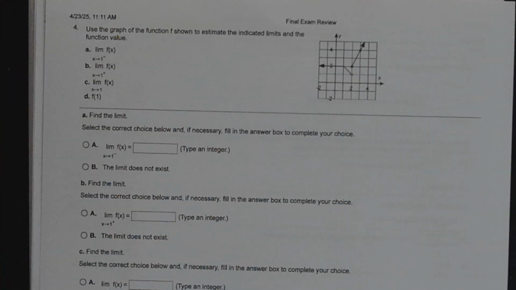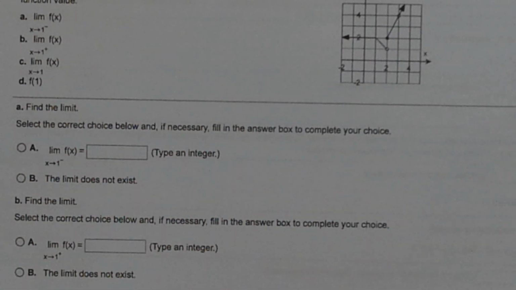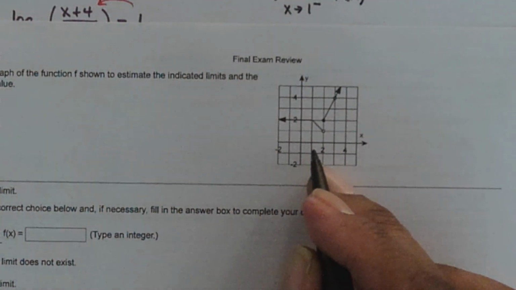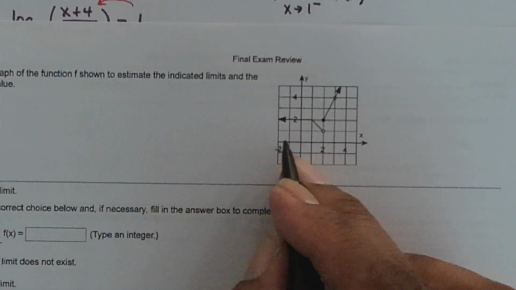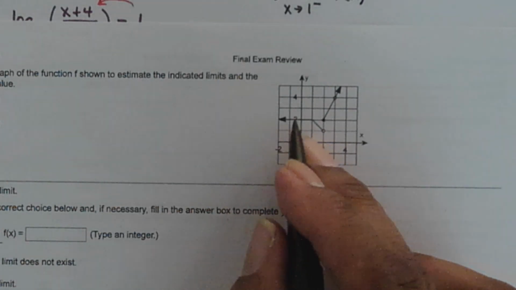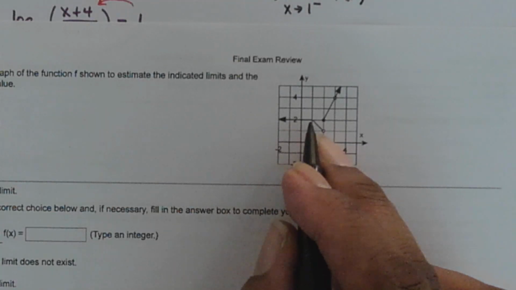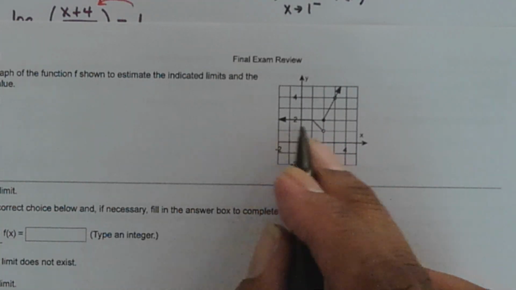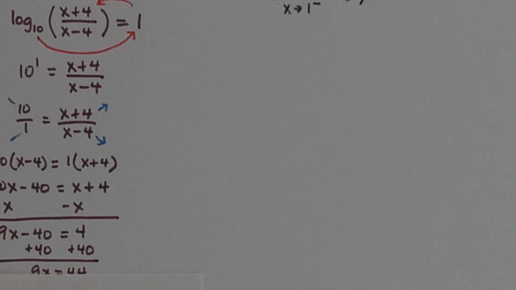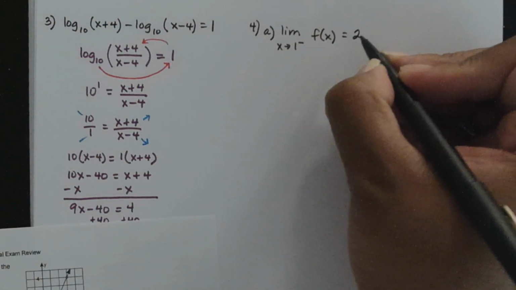If I zoom in a bit, if you look at the graph, as we approach 1, here's 1, and we're coming in from the left of 1, the f of x value is getting closer and closer to what value? 2. So the limit as x approaches 1 from the left would be 2.